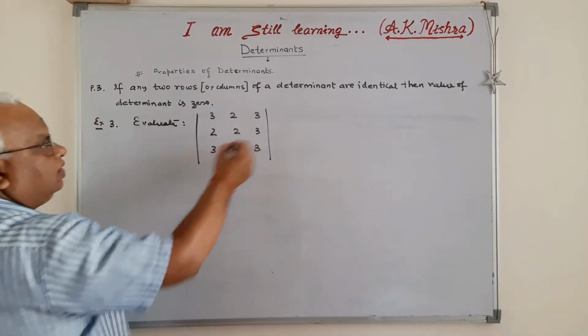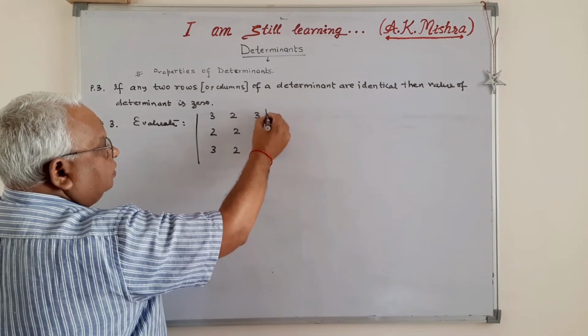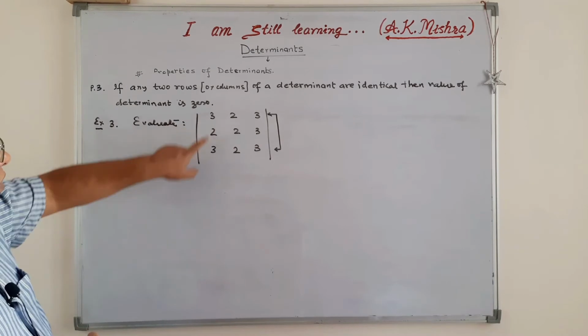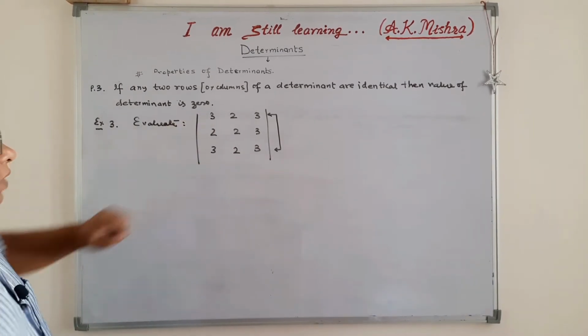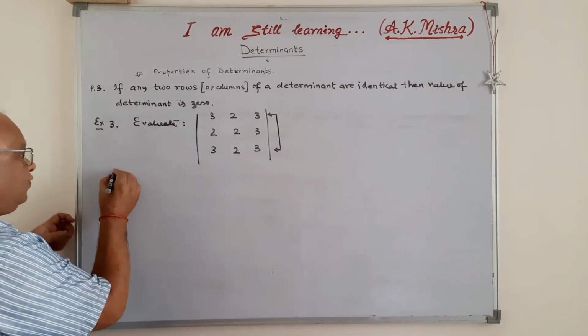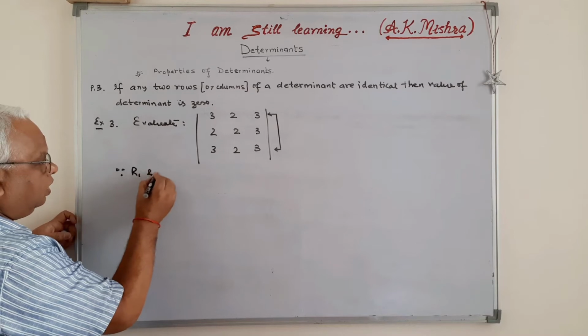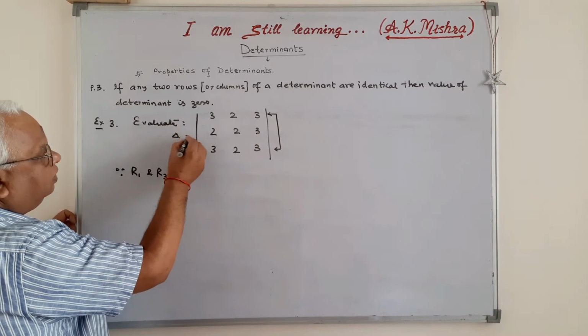You can see here this row and this row are identically same. R1 and R2, R3 are identically same. Since R1 and R3 are identically same, you can use this symbol.